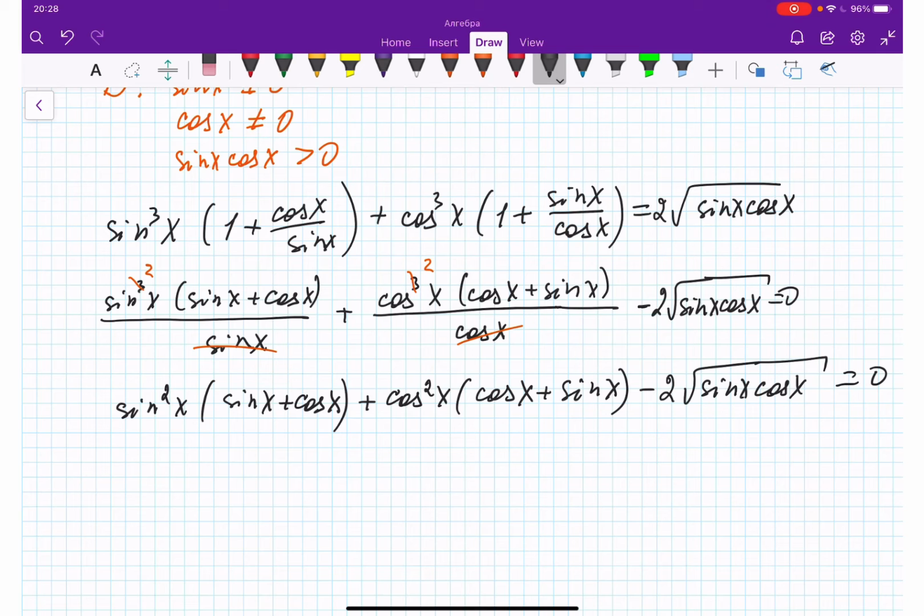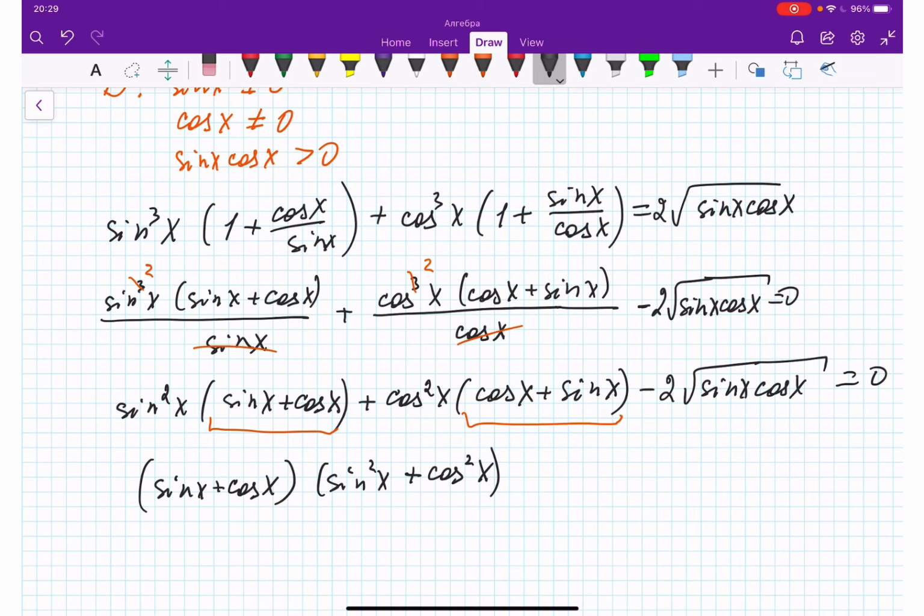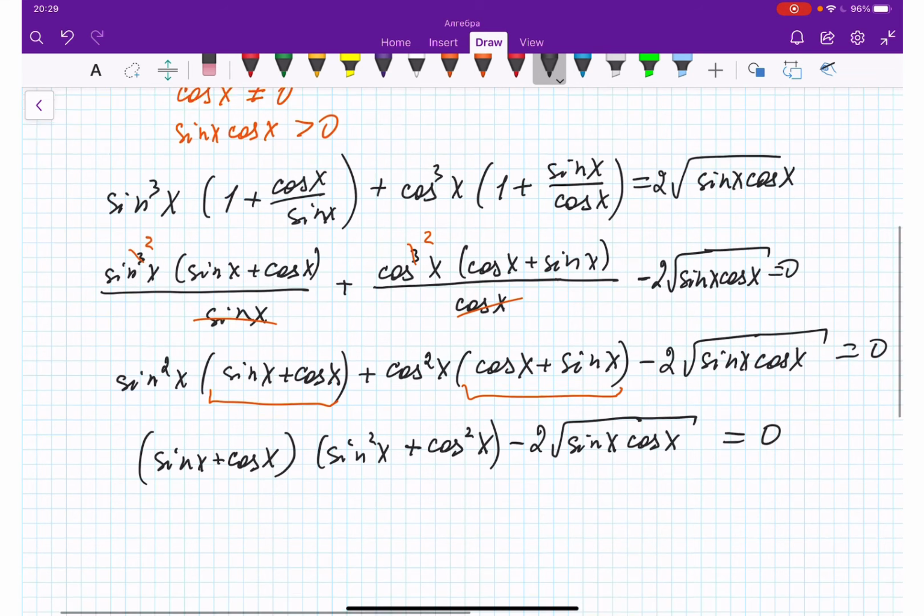From here, as we can see, we have a common factor, sine x plus cosine x, or cosine x plus sine x, it doesn't matter at all. If we take it out, from the first term I will have sine squared x left, from the second term I will have cosine squared x left, and minus 2 square root of sine x cosine x, and this equals 0.